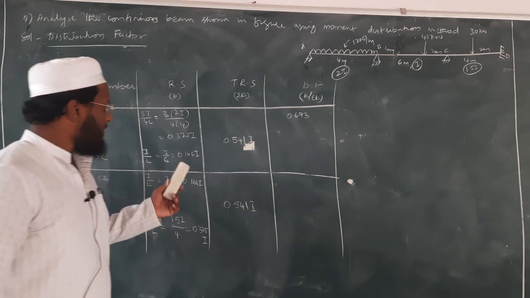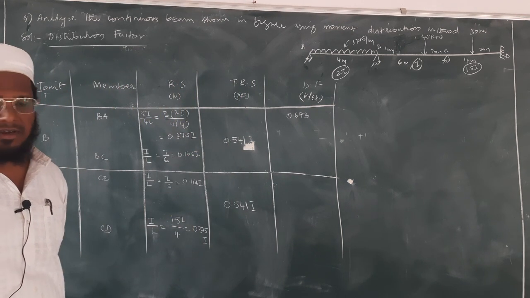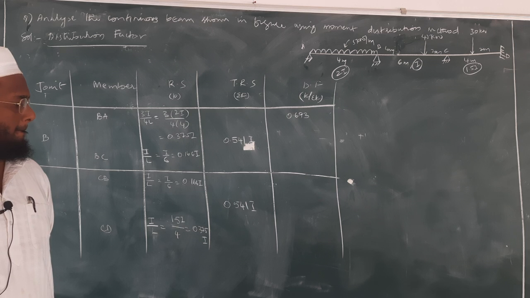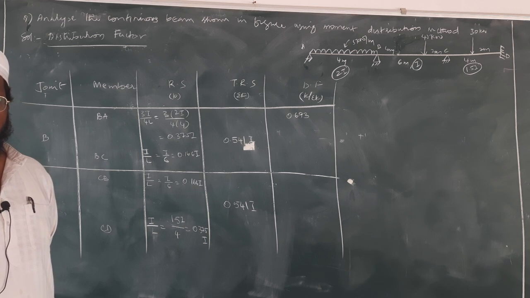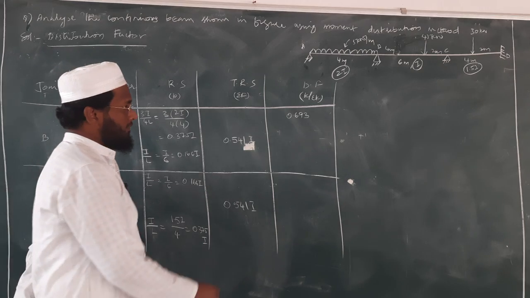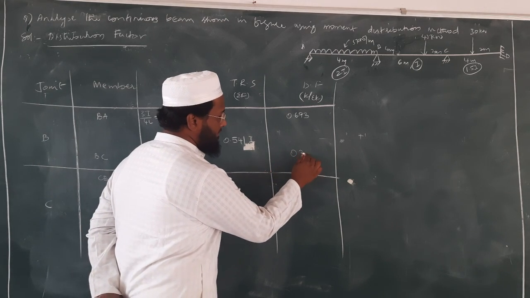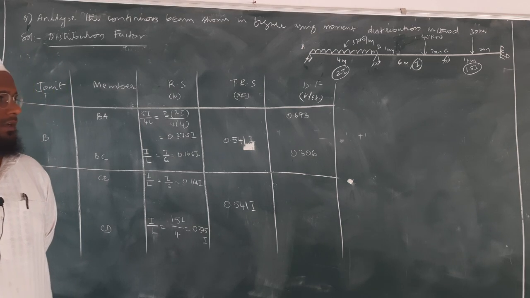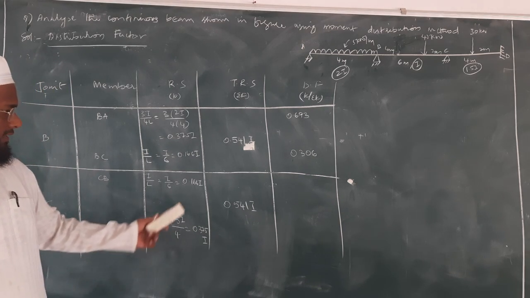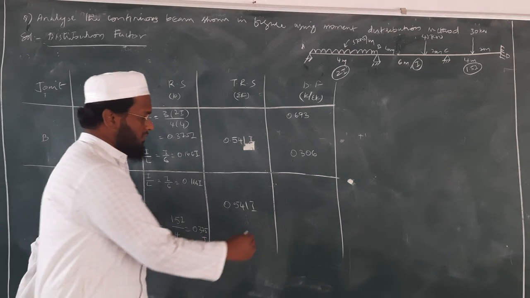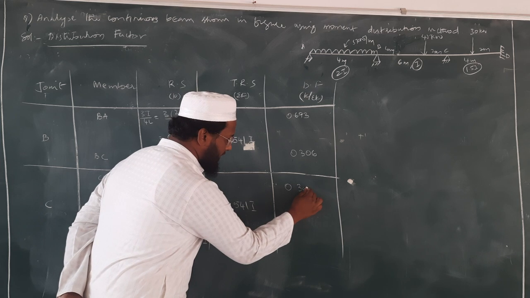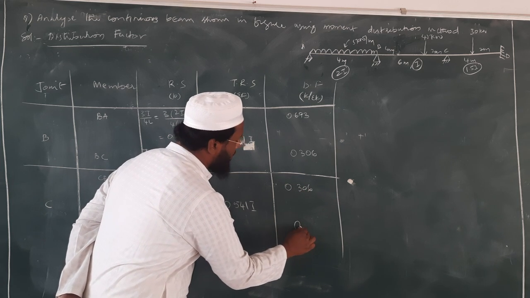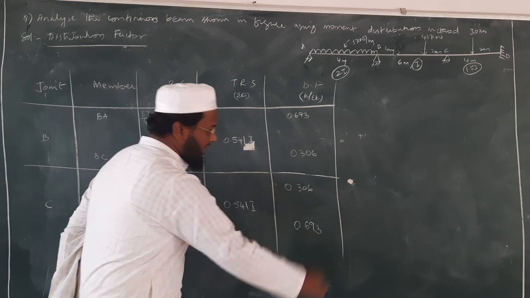0.693. What about 0.166 divided by 0.541? 0.306. Right? Next, this one will be 0.306 and this one will be 0.693.